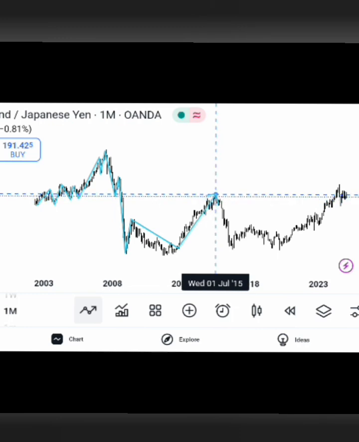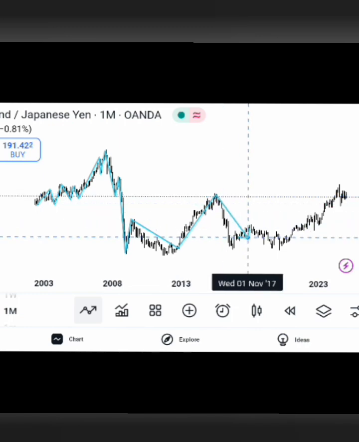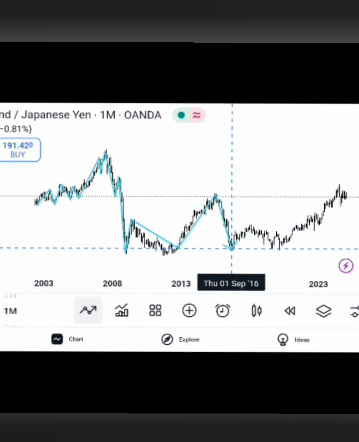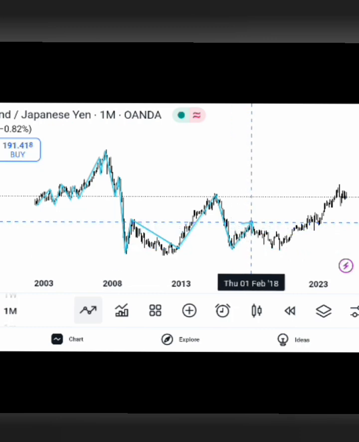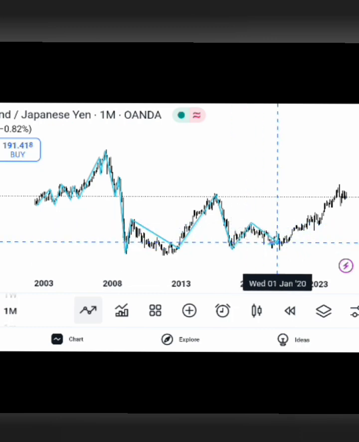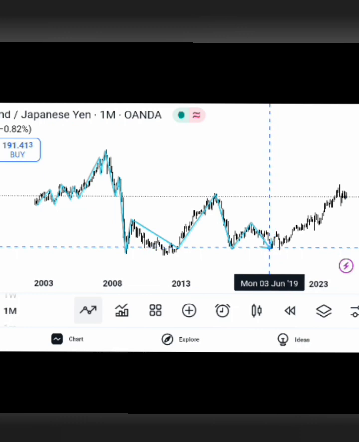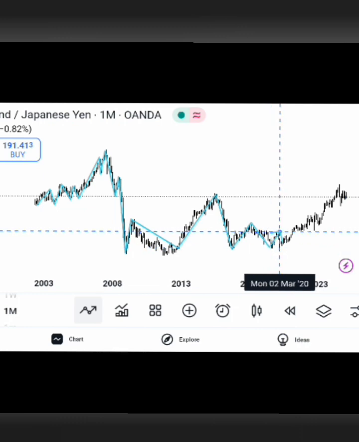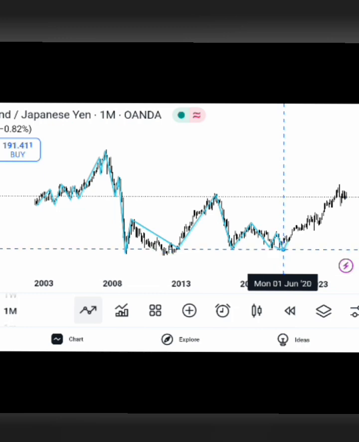I don't want to be following the trend bar by bar, but you understand what I'm trying to do. Then it pulled down to this point, pulled up, then it pulled down, then it pulled up, then it pulled down, giving you a W pattern.